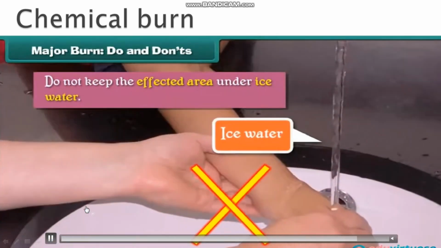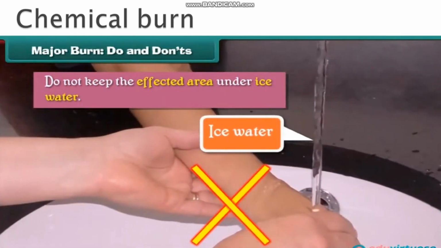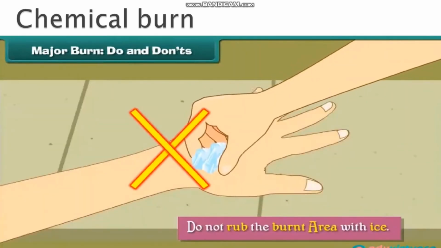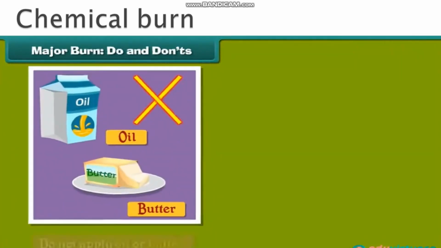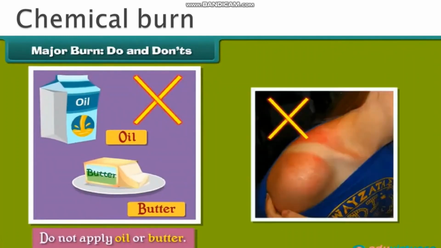We must not keep the affected area under ice water. Do not rub the burnt area with ice. We must not apply oil or butter on it. We must remove the clothes from the area.